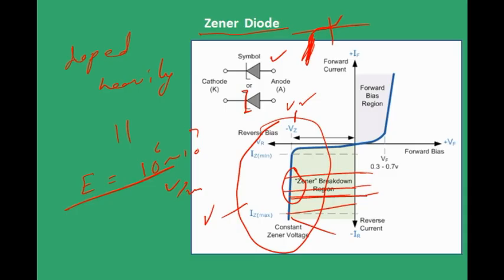Reverse current, as we have seen before, is due to the flow of electrons from P to N and flow of holes from N to P. And holes are minority charge carriers in N and electrons are minority charge carriers in P type.